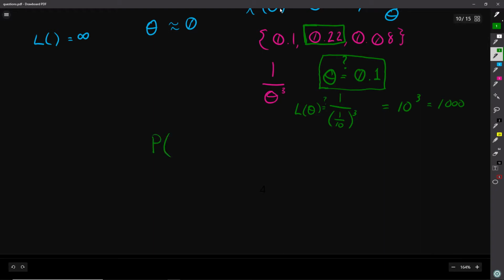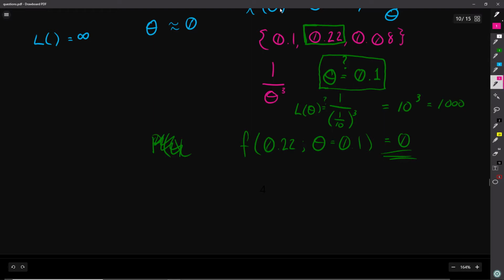And so the probability that y is 0.22 is going to be 0 because it's a continuous variate. But if we take f of 0.22 given theta equals 0.1, this is going to be equal to 0. And that's a problem, because what this actually means is that if theta was 0.1, the likelihood that we observe this sample is 0. There is no possibility that we observe this sample if theta is equal to 0.1.